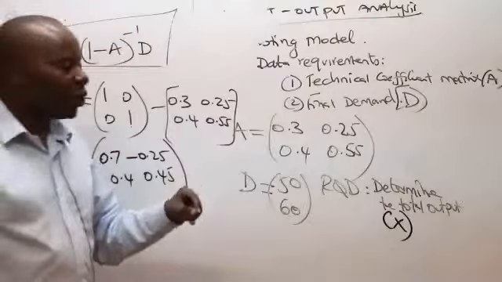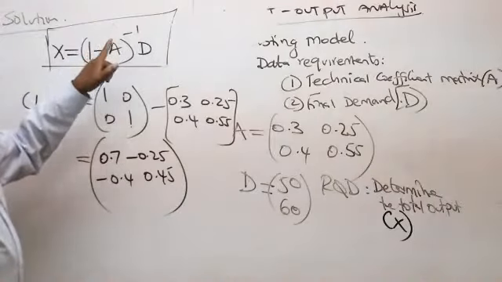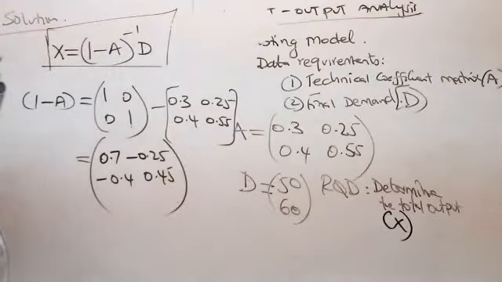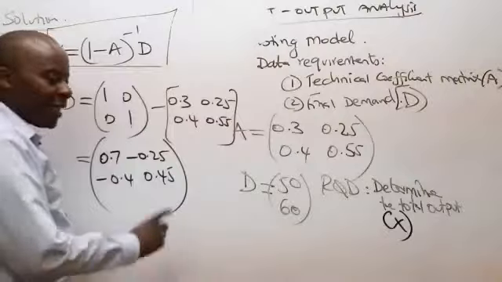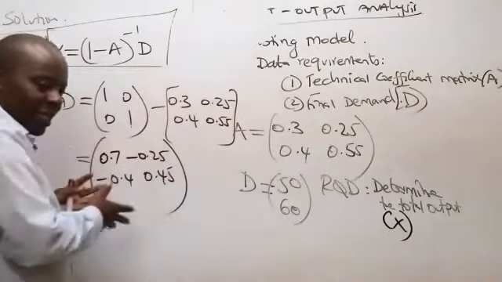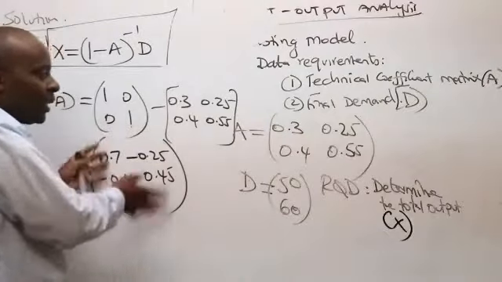Thank you very much. Because this raised to minus 1 means inversion. So remember, we are not getting the inverse of A, we are getting the inverse of I minus A. Thank you very much, James.